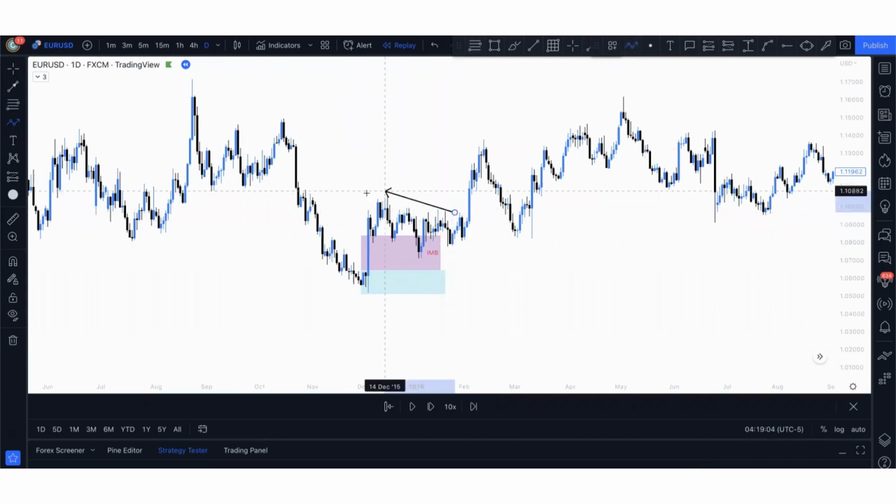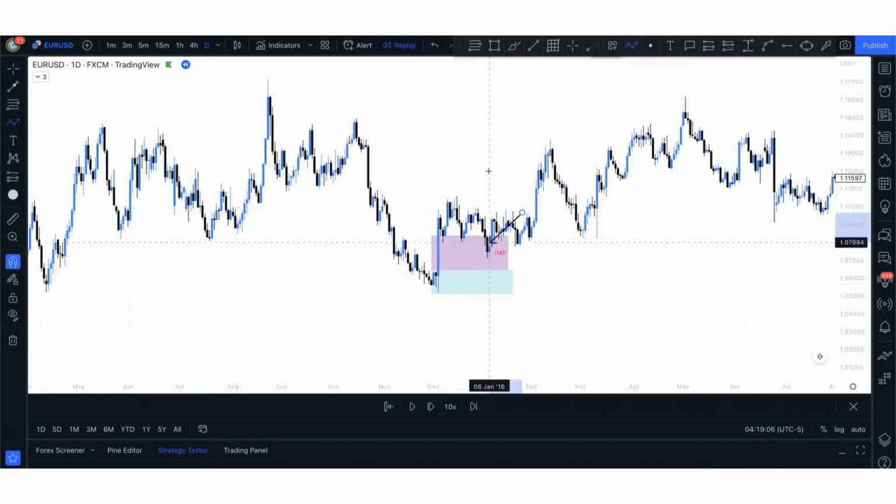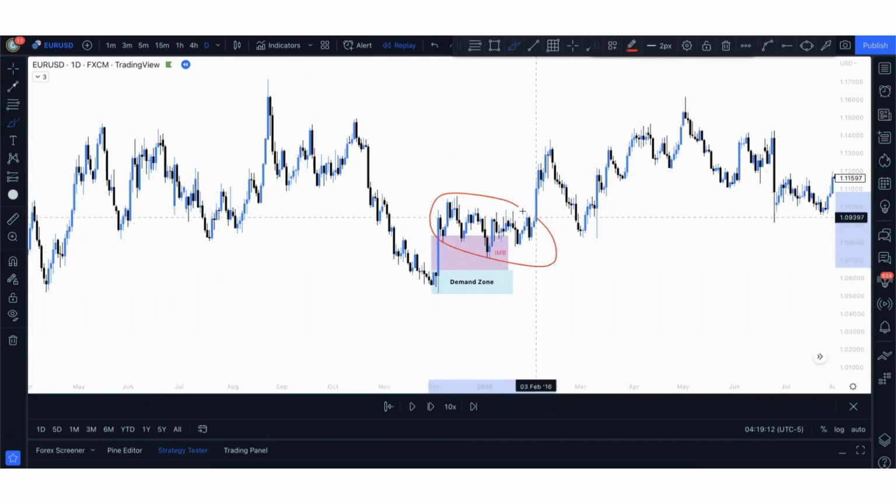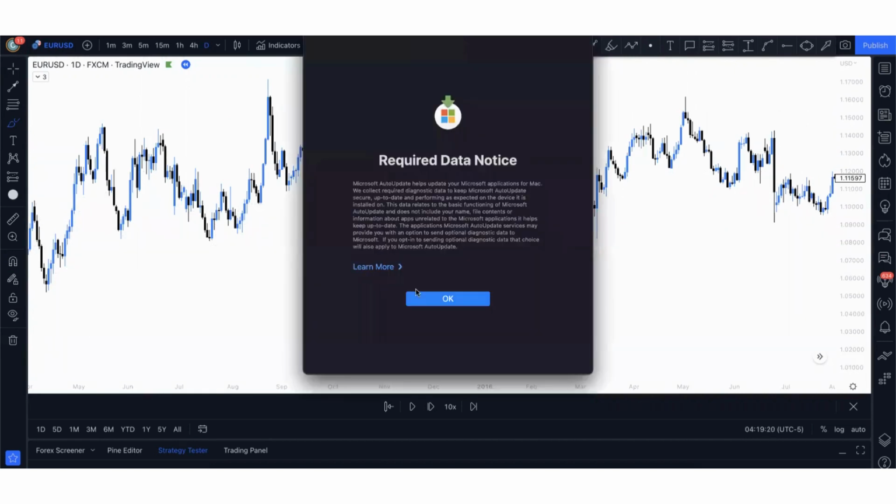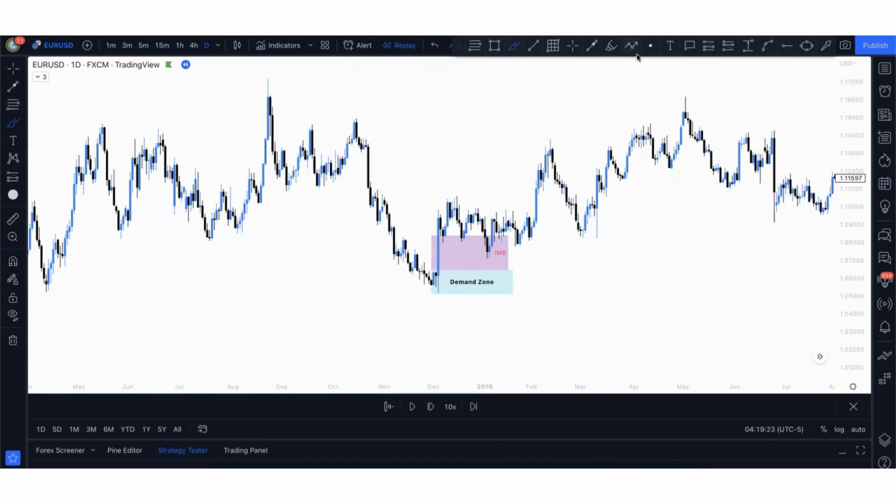I'm not saying that this is not a profitable trade. Some people profit on this move. What I'm saying is we want to get high probability trades, like this move and this move, right?